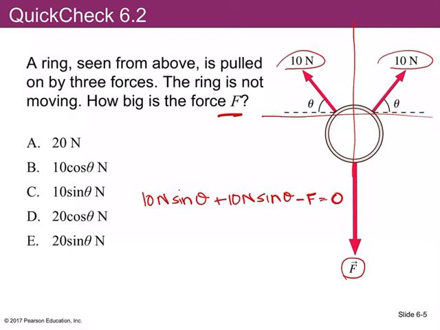So we have to equal it to 0. For solving for F, we're going to move F over to the other side. So we have force is equal to, and we don't know what the angle is, but we could add them together. So we have 20 newtons sine theta. So you end up with E as your answer here.